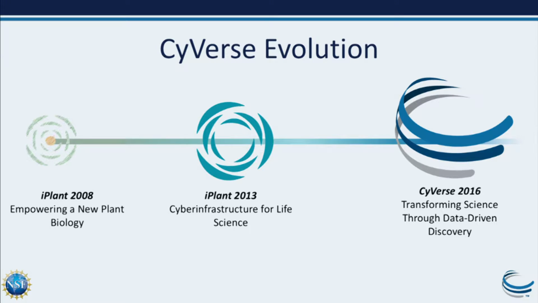Later on, because of the success of the project, we were renewed in 2013, and we started to adopt a title or a mission that was reflective of our larger goals and aims, which is to provide cyber infrastructure for all life science. And so now in 2016, under the new name CyVerse, we really are a platform that's enabling data-driven discovery for the entire life sciences.